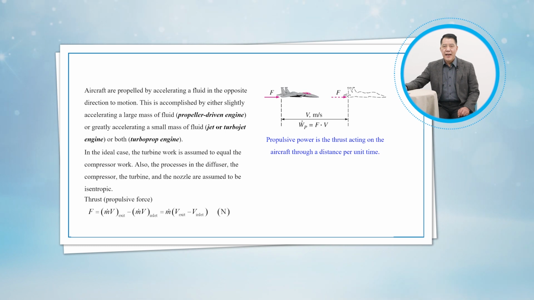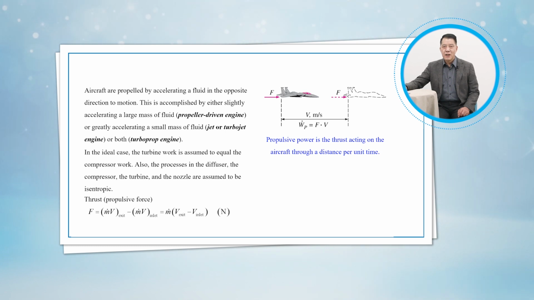Thus, for an aircraft cruising in still air, V inlet is the aircraft velocity. In reality, the mass flow rates of the gases at the engine exit and the inlet are different, the difference being equal to the combustion rate of the fuel.